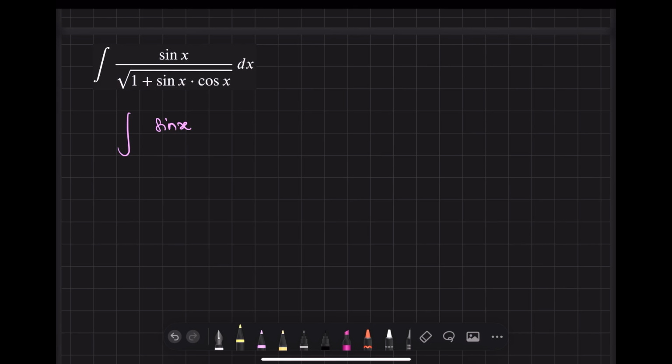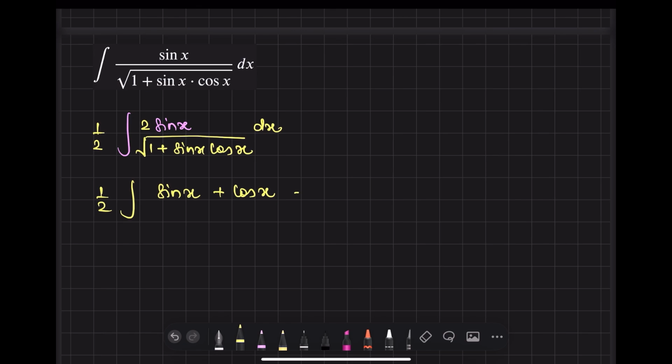Just look at here. What I will do, I will multiply and divide by 2, and look at how I will distribute this 2. So it is sin x cos x. I'll be giving you hint only. Okay, so 1 by 2 integration of, now look at this, can I write sin x plus cos x plus sin x minus cos x?